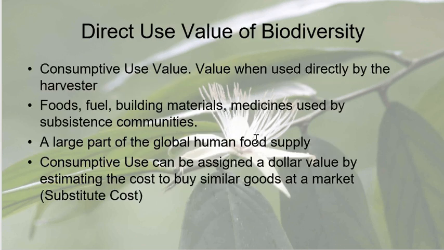Let's take a closer look at direct use of biodiversity now. We can divide up direct use of biodiversity into two types: consumptive use value and productive use value. Consumptive use value is the value of that biodiversity when used directly by the harvester. No money or no dollars are involved.